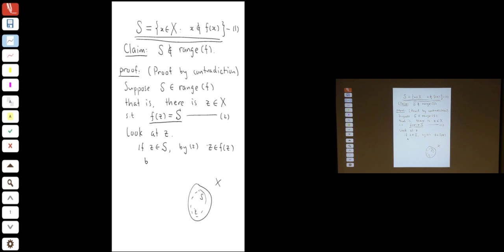Now by 1, z is a member of this set. What are the elements qualified inside this set? They are exactly the guys which are not in the image. By 1, z is not in f(z). This is a contradiction. You cannot be both in and not in.